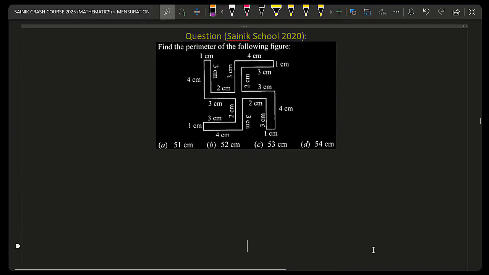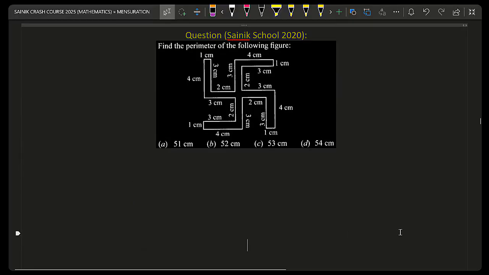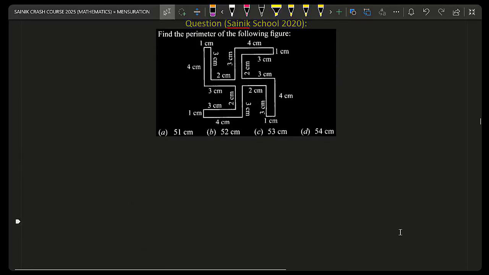And the next question came in the same paper, 2020 exam. Find the perimeter of the following figure. Okay. So you need to find the perimeter of this. All the required dimensions are given. Who is going to answer this? Yes, Rishika, how to solve this question?